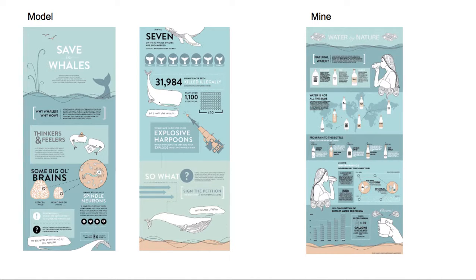The black is used for the outlines of the graphics and the text, and some dotted lines. And the peach is used as accent colors in the graphics, these bigger circles, and the footer of the infographic.